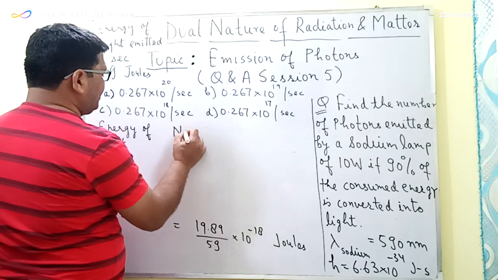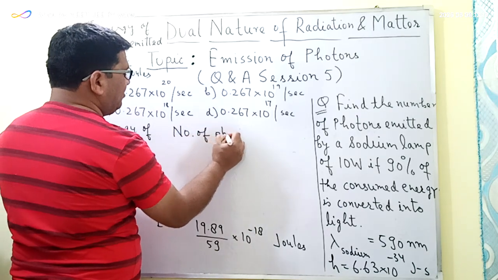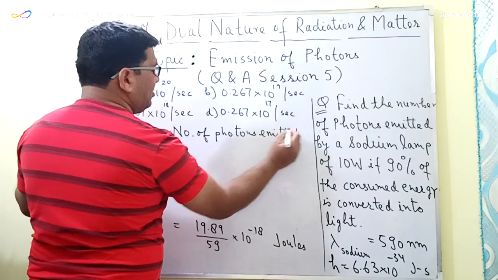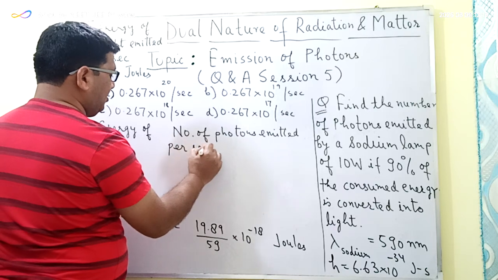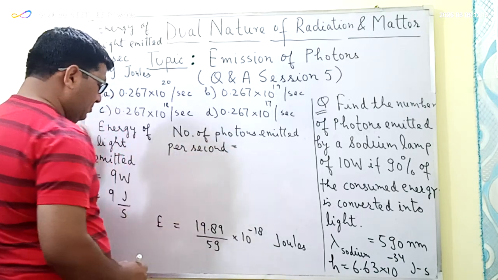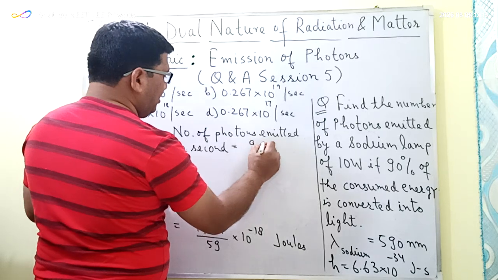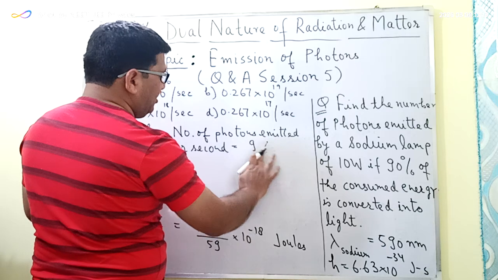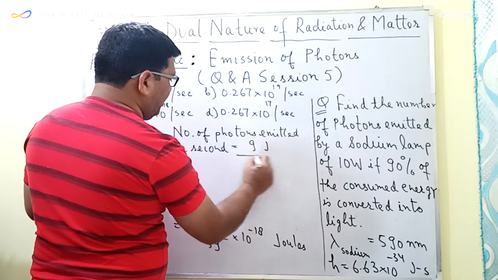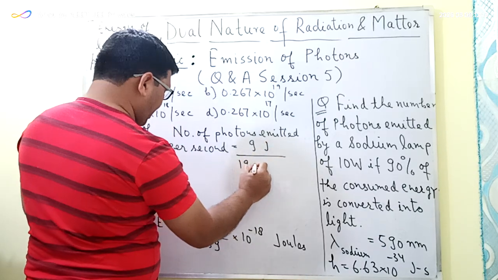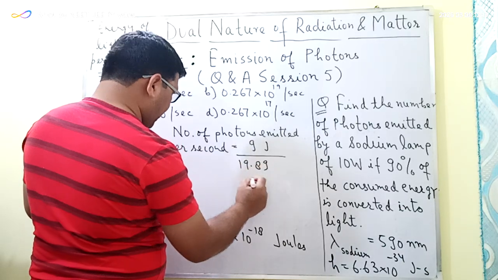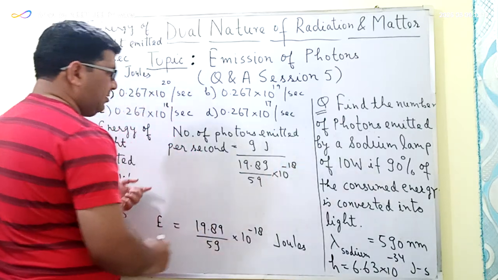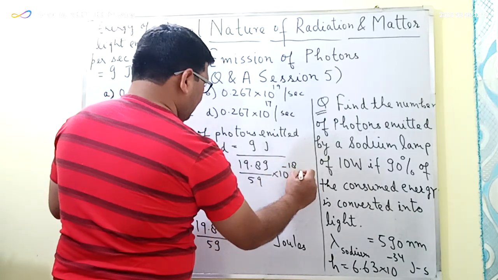So the number of photons emitted per second will be 9 joules per second divided by 19.89 divided by 59 into 10 to the power minus 18 joules.